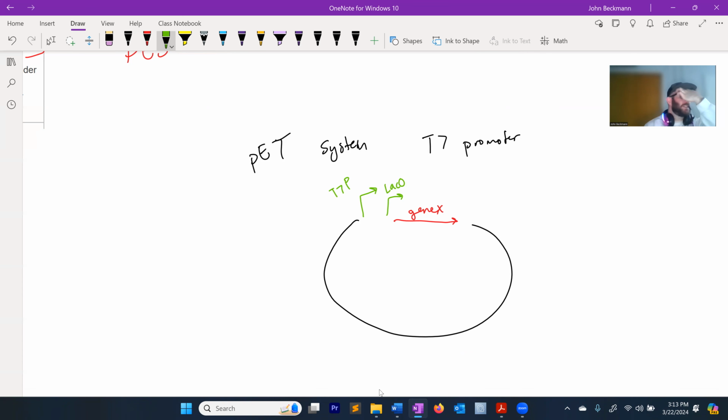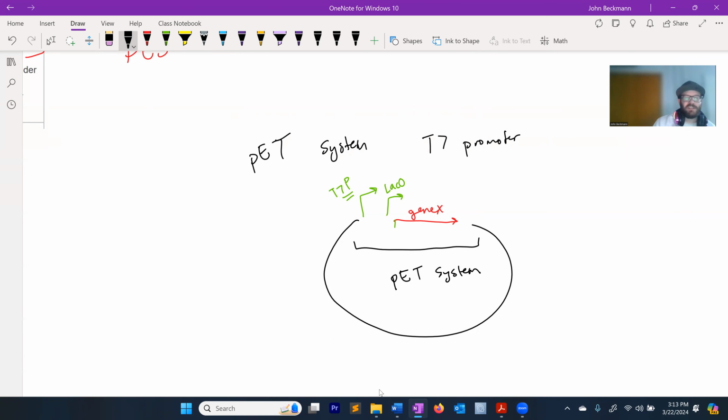There's essentially a variant of the lac operator closest to the gene start codon. And then upstream, 5', there's a second promoter, which is a T7 promoter. This is the unique setup that defines the pET system.